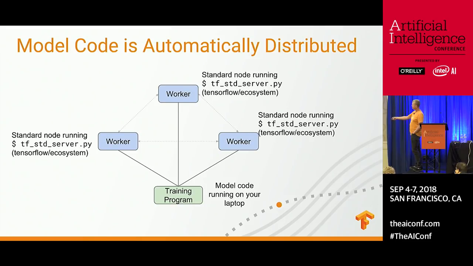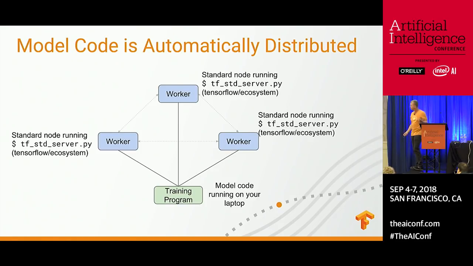The thing is that this script and the installation on the workers don't have the model program at all. So when we fire up the model training from our laptop or workstation here, it will distribute that model over to those. So if you have any changes to your model code, you can just make it locally, and it will automatically distribute that out to all of the workers. Now you may say, oh, that's a hassle because now I've got to install this script on all the workers.